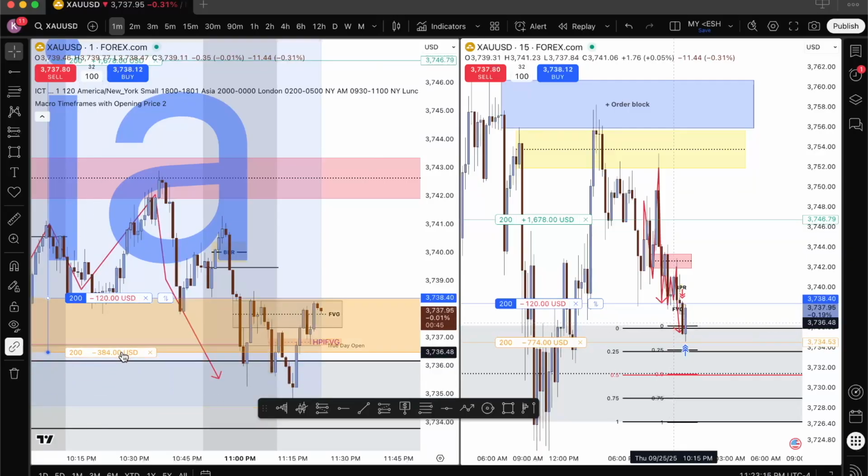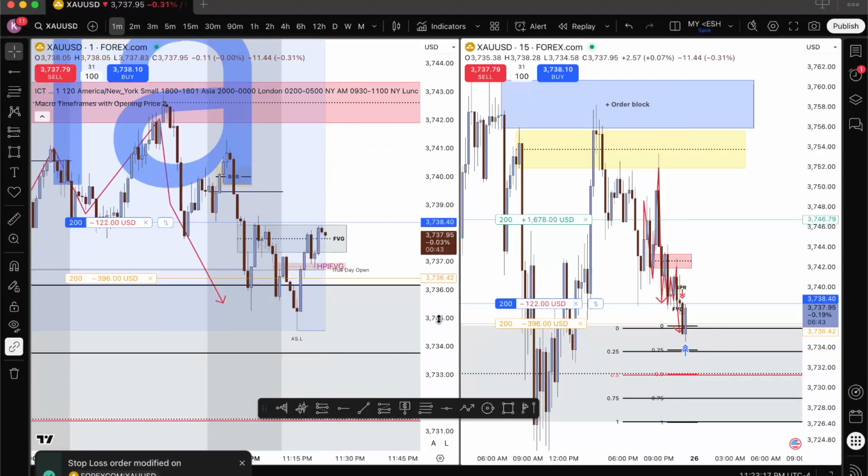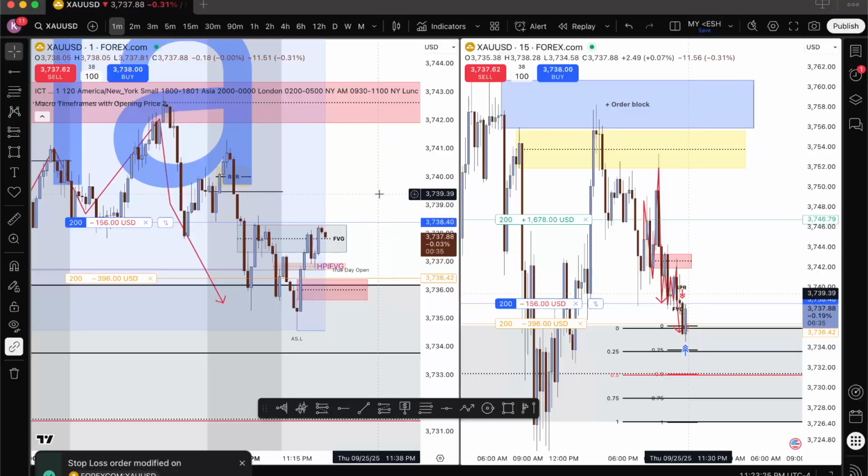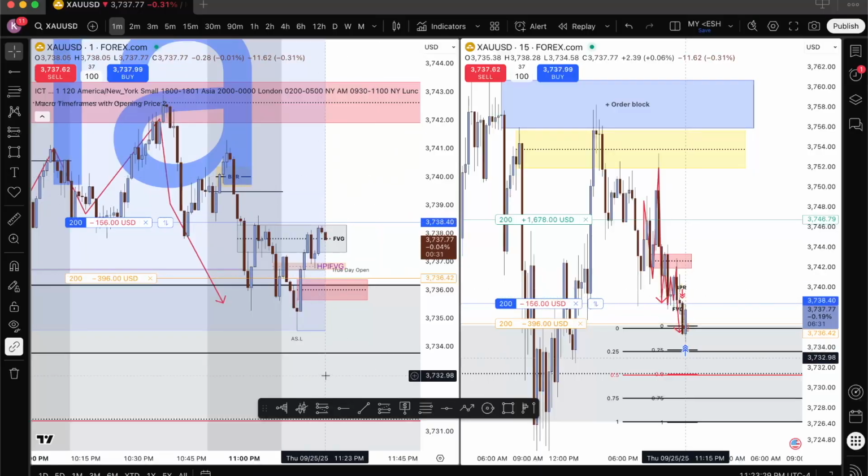I'm bringing my stop up. Breakaway gap. We definitely don't want price to come back in that area at all. If it comes back, that means we're consolidating. That means we have no trades right now.